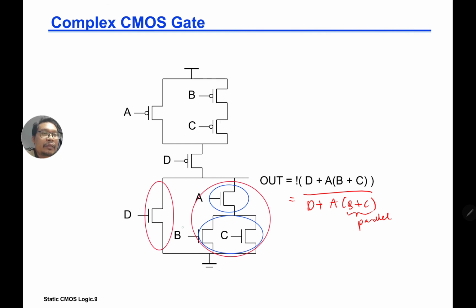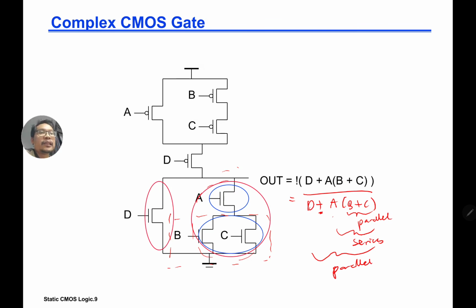If you see here, your B and C are in parallel, and that is going to be in series with A. So B plus C is in series with A, and then the whole thing is going to be in parallel with D, because you have a plus there.